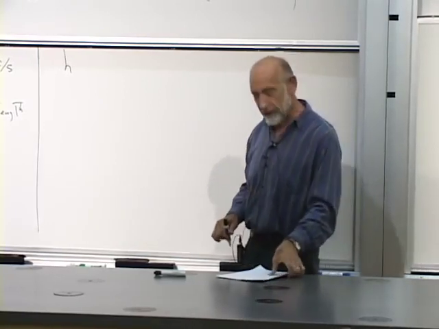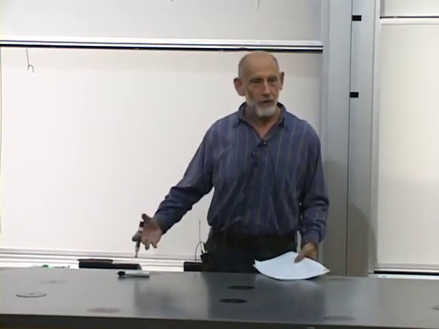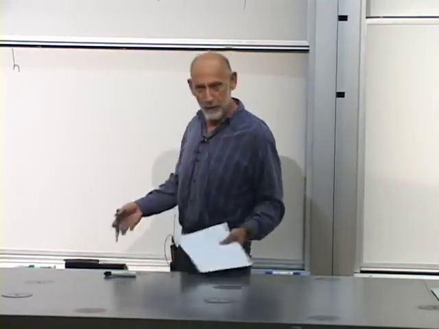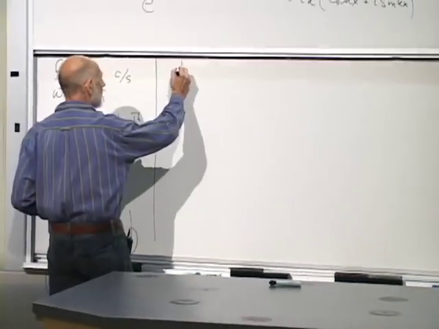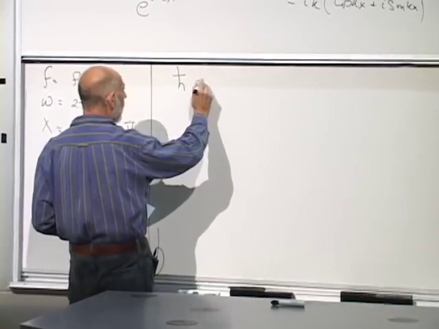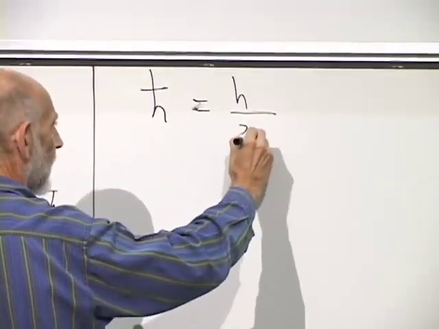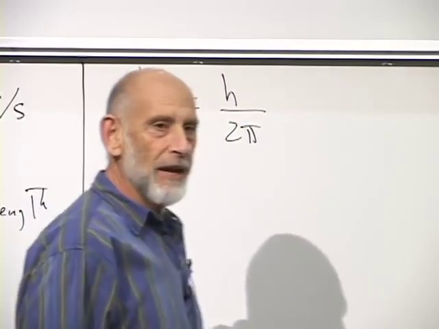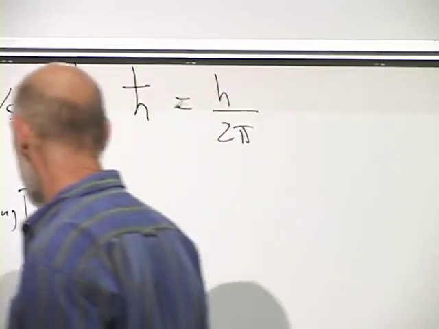That 2 pi is put there to save 2 pi's in somebody else's equation. But they always come up, and there's just no escape from 2 pi's. You're always going to have them. The new Planck constant is the old Planck constant divided by 2 pi. I will simply save 2 pi's by sometimes using h and sometimes using h bar, trying to keep the number of 2 pi's to a minimum.